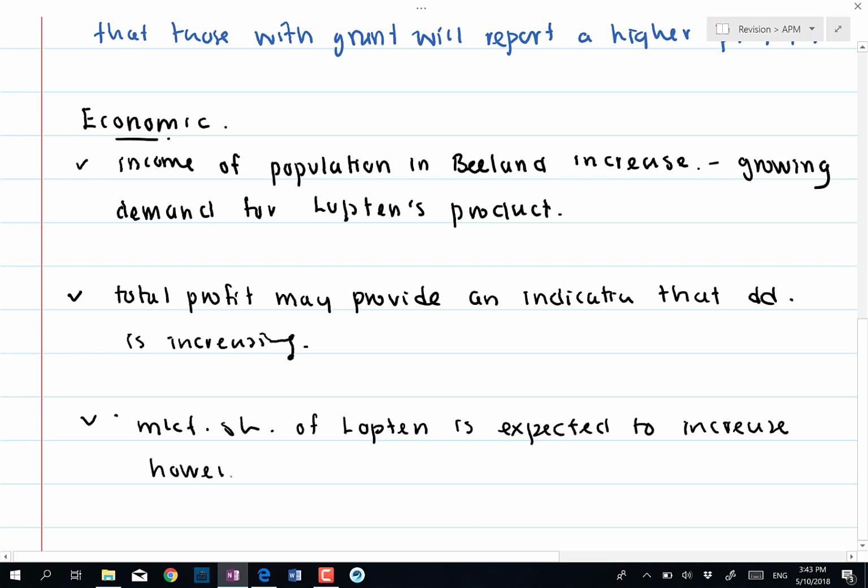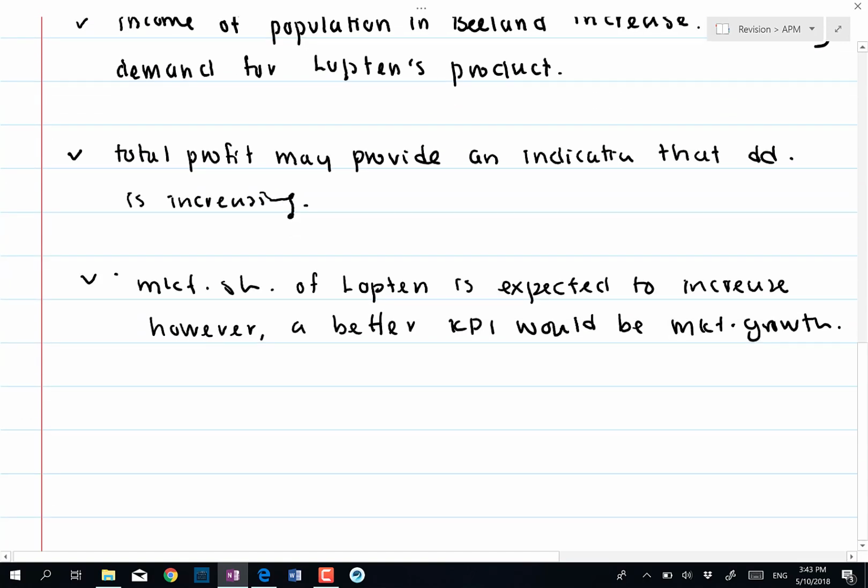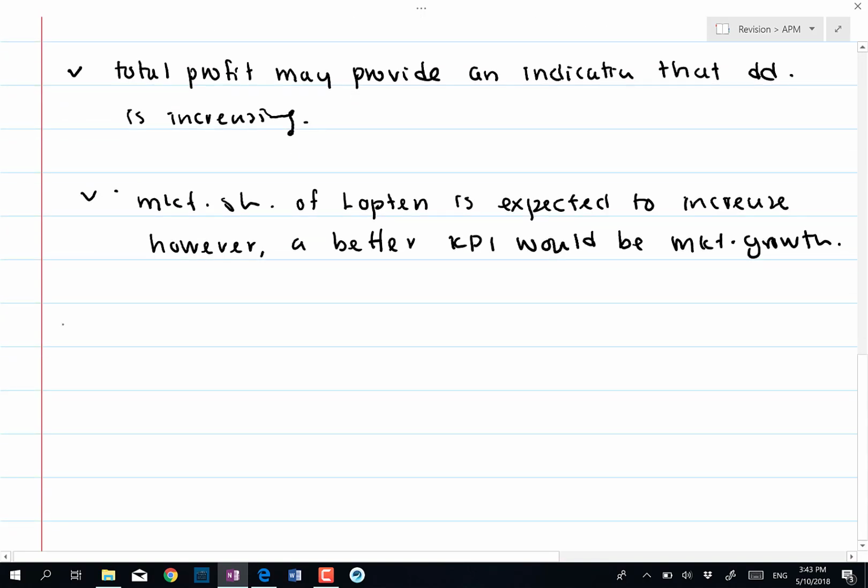However, a better KPI would be market growth, because when the demand for the product is increasing, so generally the market itself is growing.